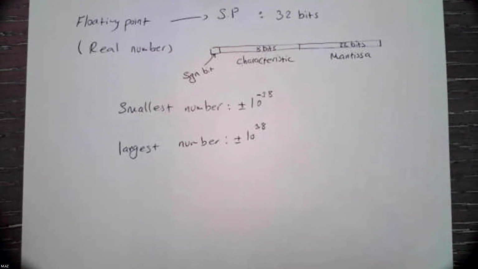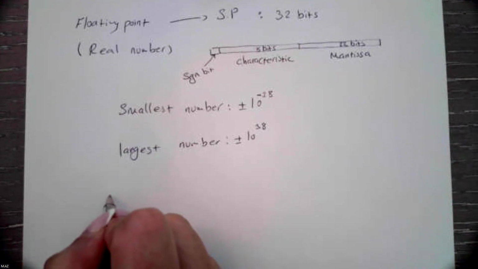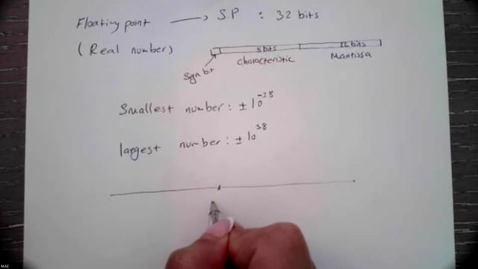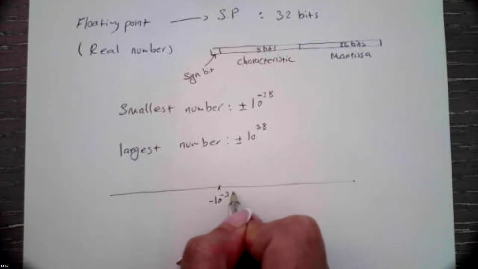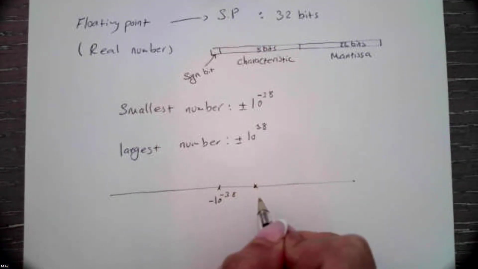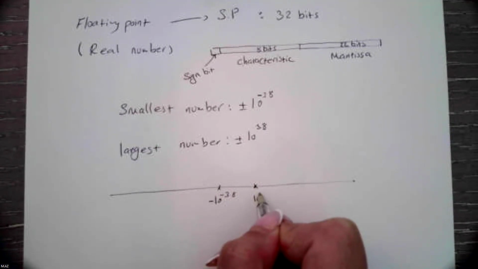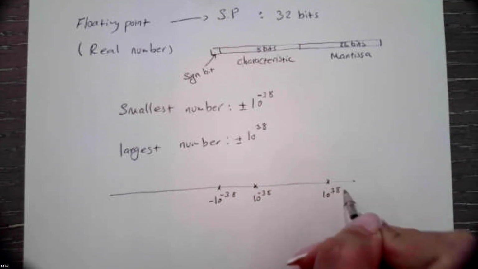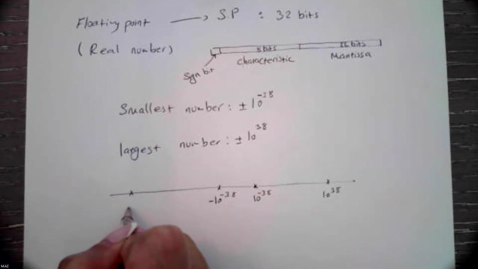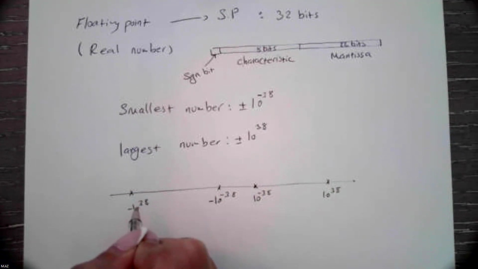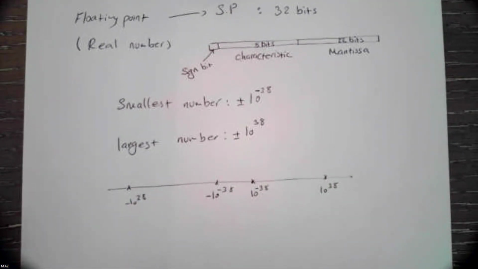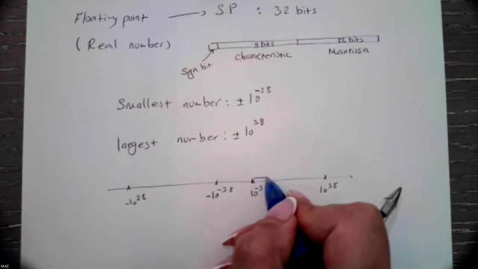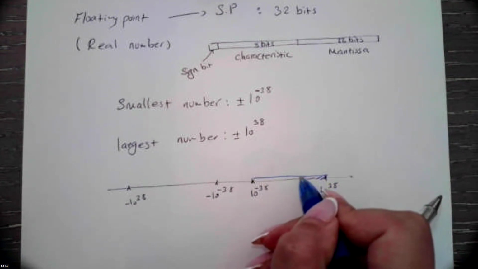And if I draw this one, okay, this is minus 10 to the 38. We can store any number in this range.